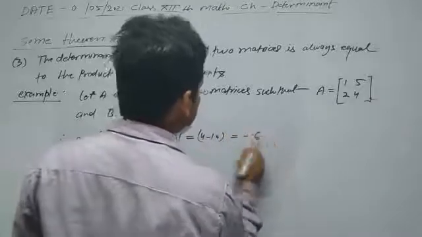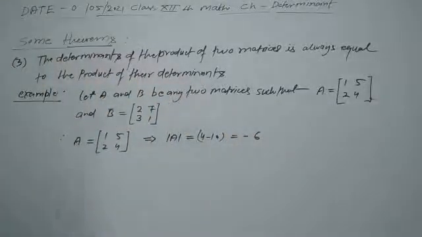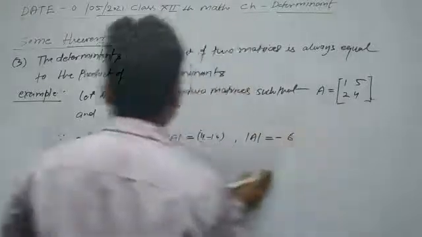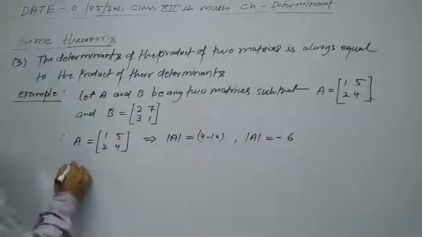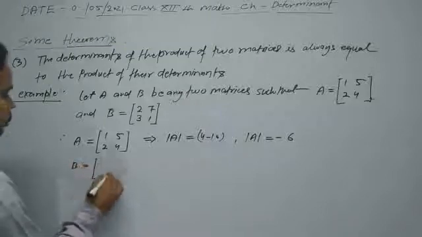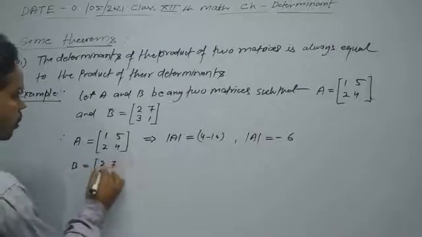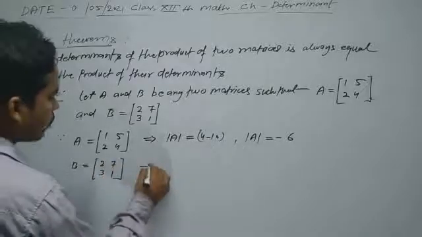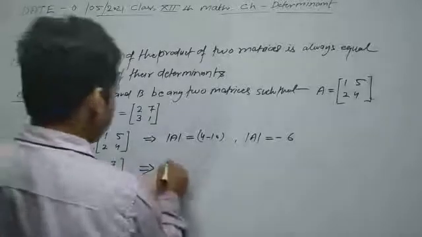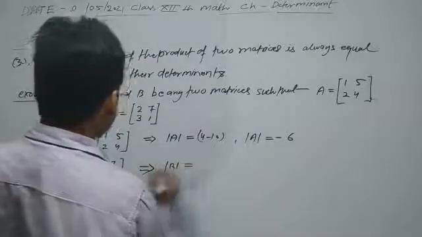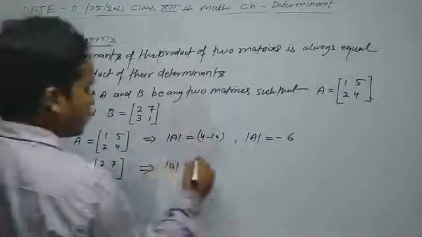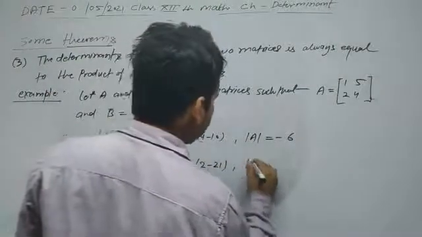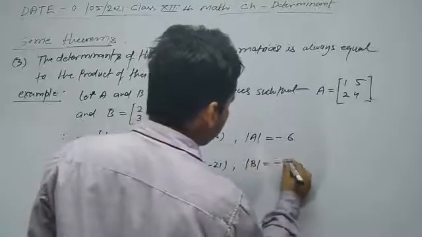Result you will get minus 6. Similarly, B is equal to matrix 2 7 3 1. This implies determinant of B is equal to 2 1s are 2 minus 21. That result is minus 19.